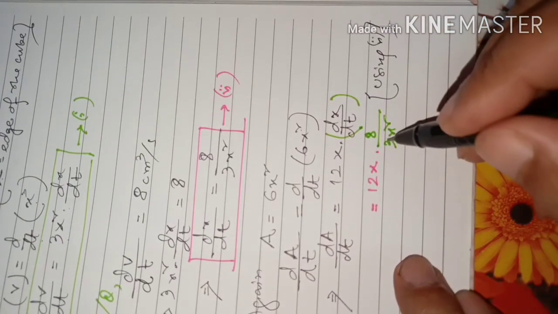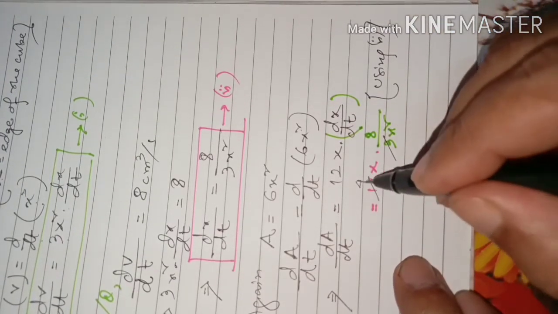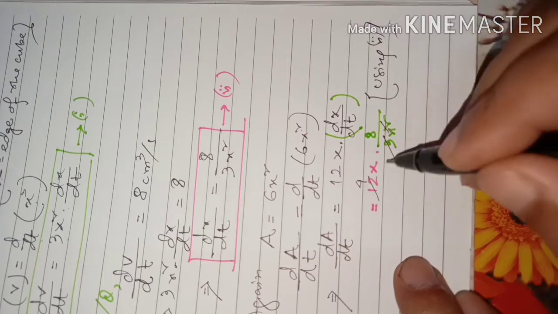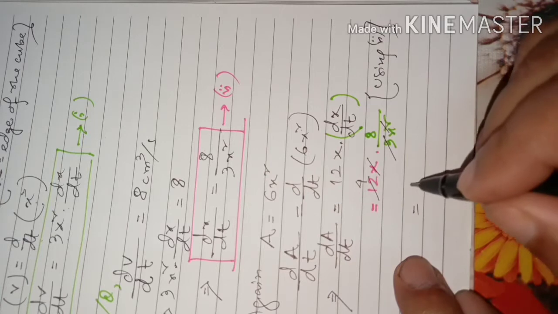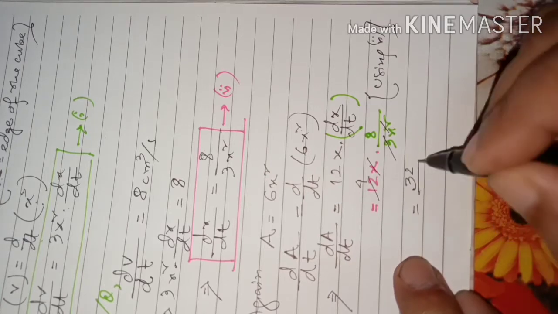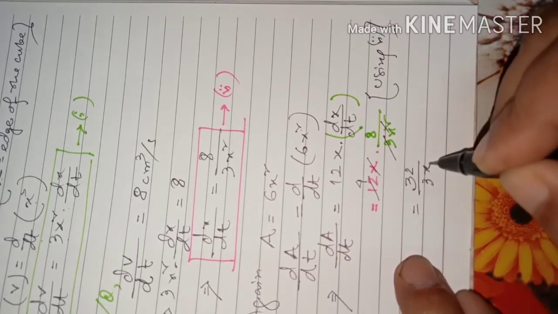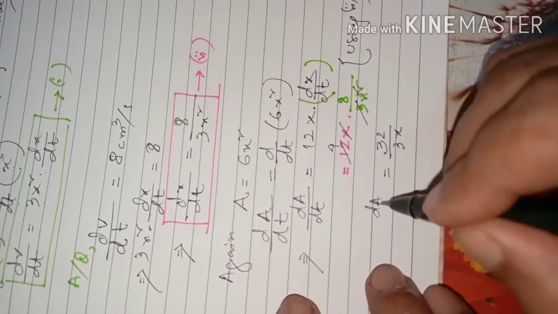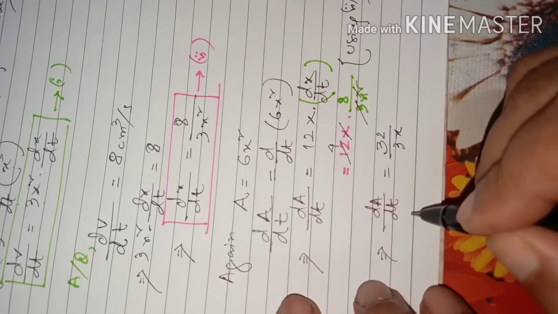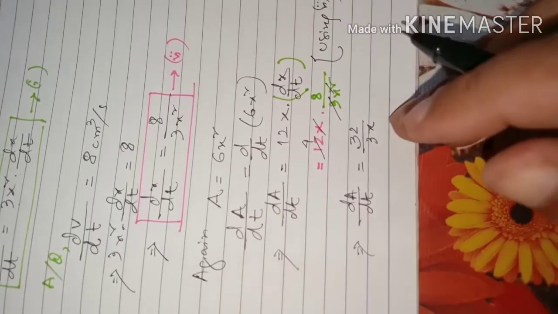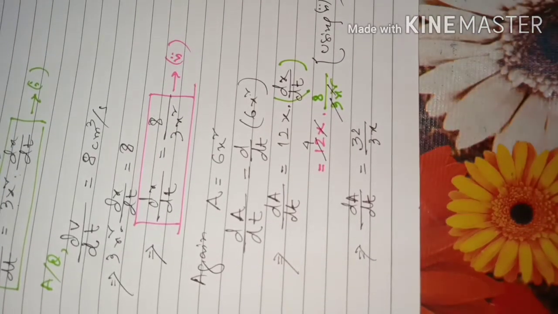Here 12 by 3, if we cancel, it will be 4. One of the x cancels from here with this. We have now 4 eights are 32 by x. That is dA by dt, the rate of change of surface area with respect to time. But at a particular instant, what is the particular instant here?